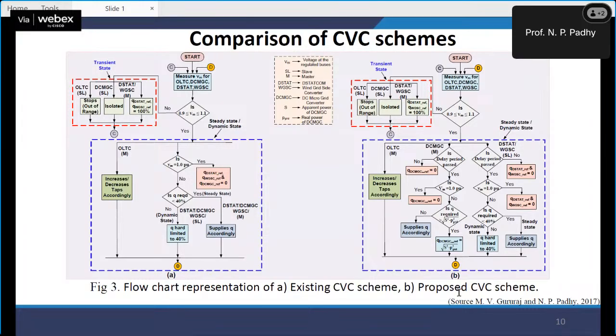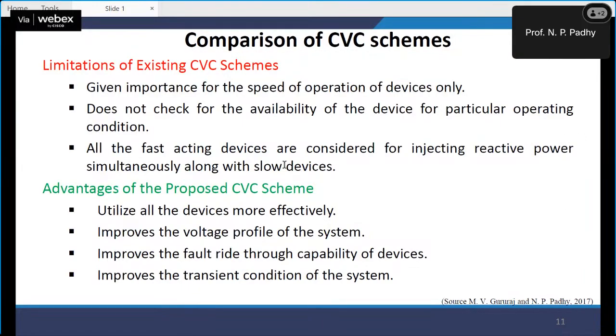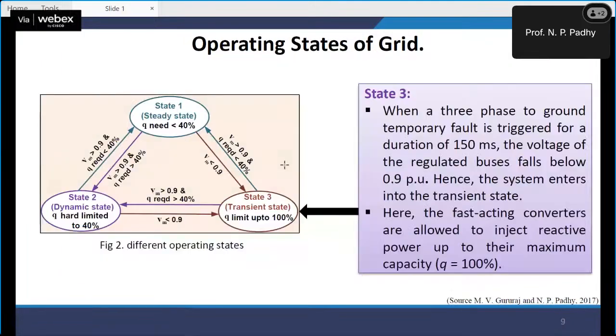So no worry. Why is my slide not changing? The slide is not changing. Oh, it's okay. Great.